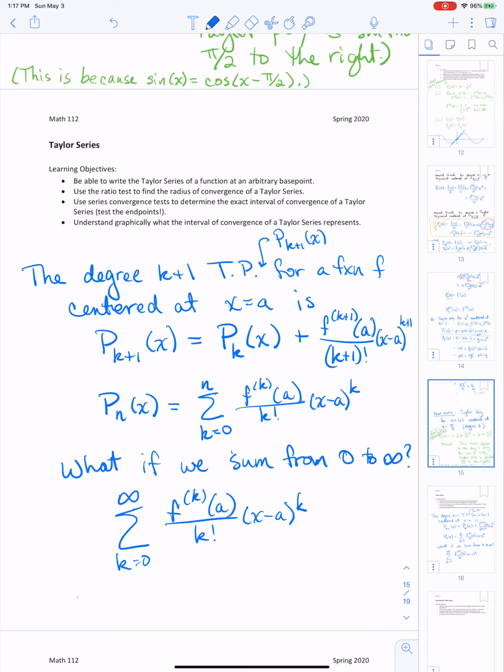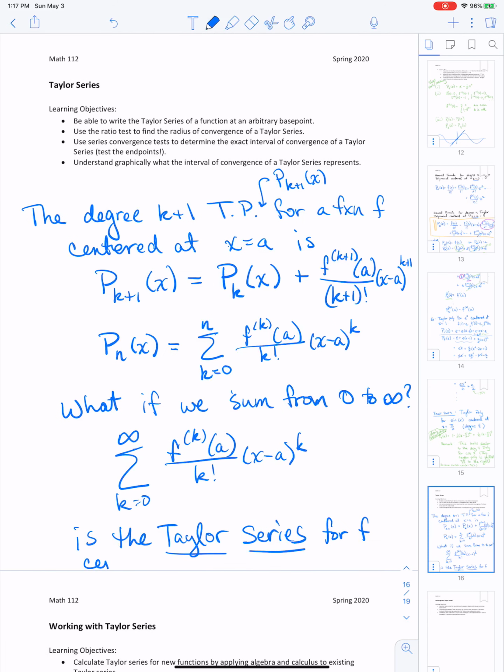All right, and so this quantity is defined to be the Taylor series for f centered at x equals a.